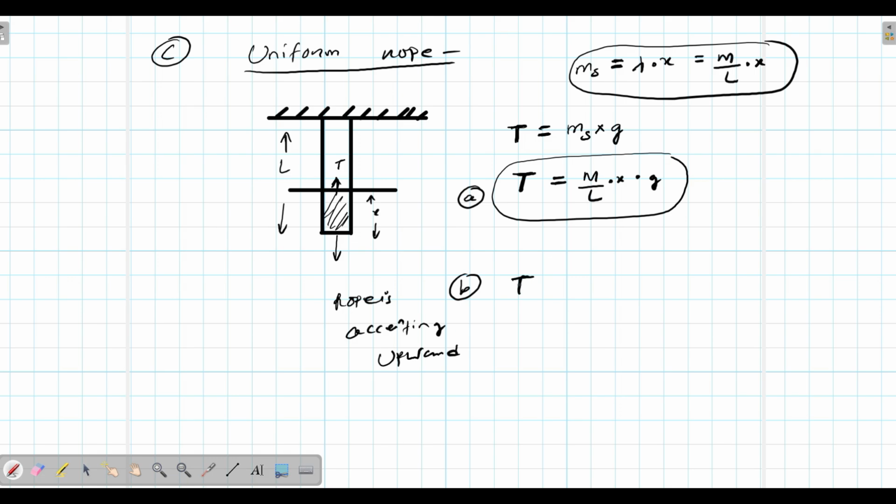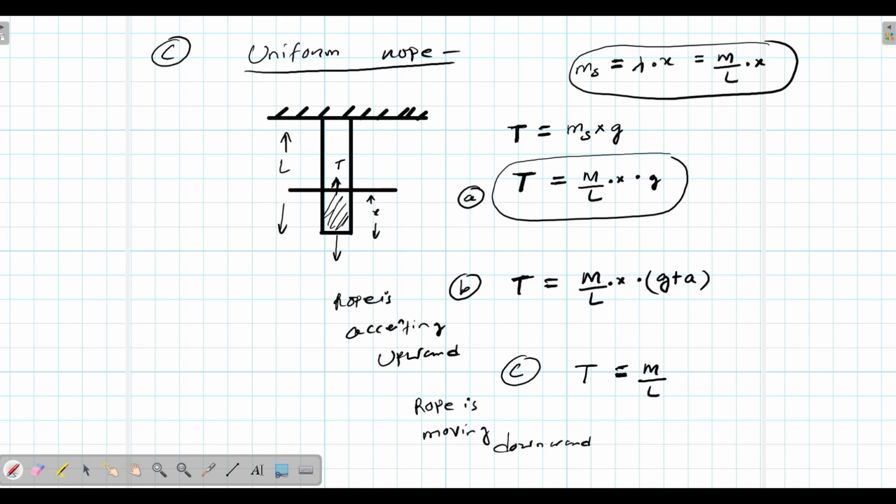As the rope is accelerating upward, T is M by L, X, into g plus a. If the rope is moving downward, T equals mass per unit length X into g minus a. So T equals mass per unit length into X into g. When the rope is moving upward, it is M by L X (g plus a). When the rope is moving downward, it equals M by L X (g minus a). That is the uniform rope.